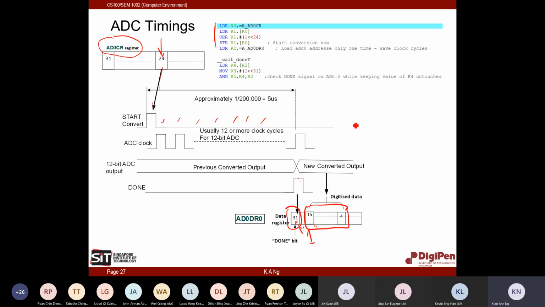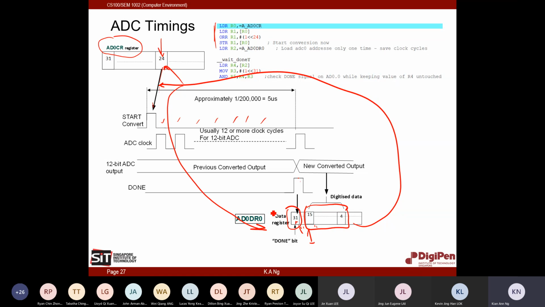After reading, your code may want to trigger another ADC read again. That means you need to set this again, and the whole cycle continues. So you have to keep looping.